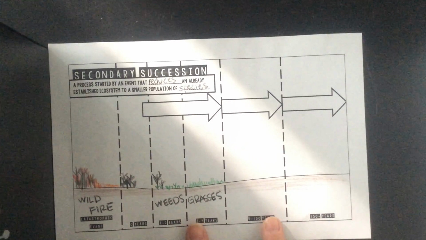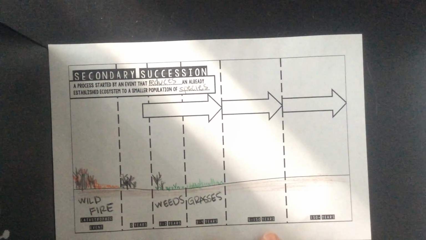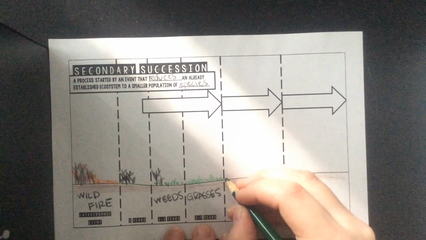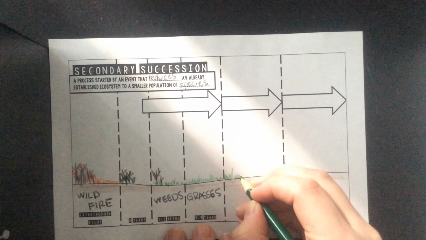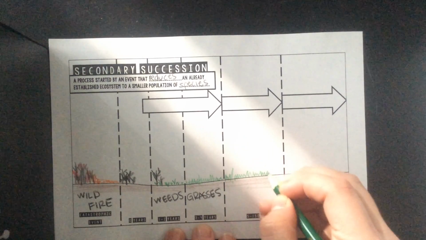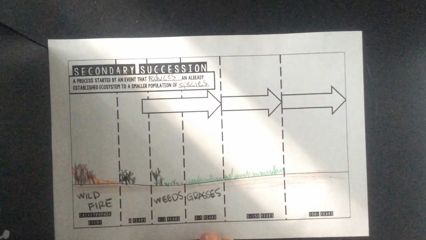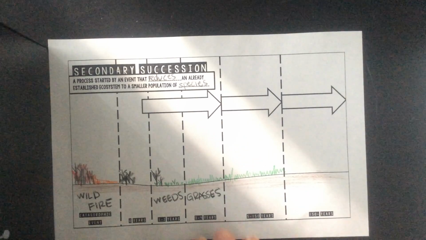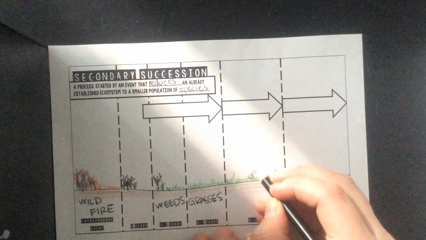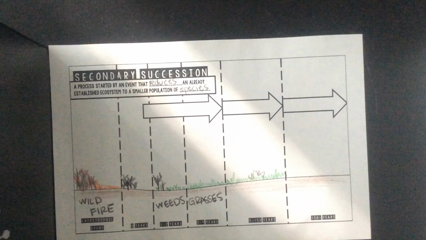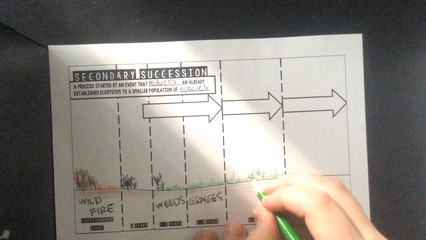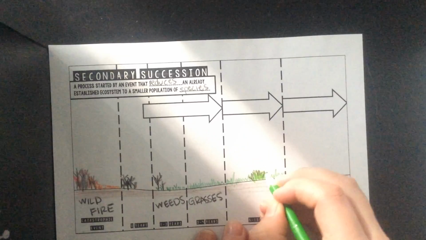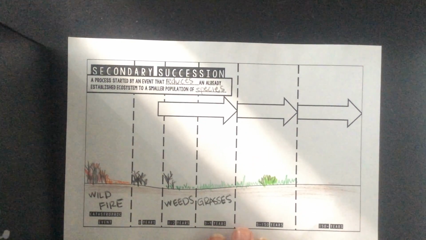So moving along, 5 to 150 years later. So this is a long, long, long process. We're going to continue to see grass. But next, what we'll really start to see here are some more types, more species of plants.